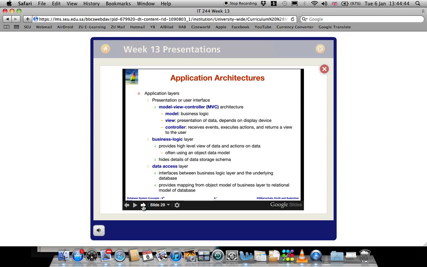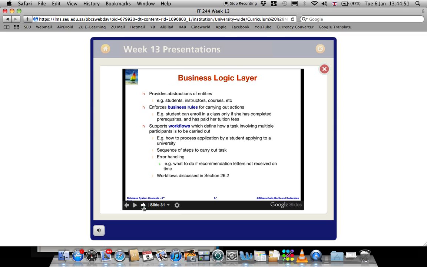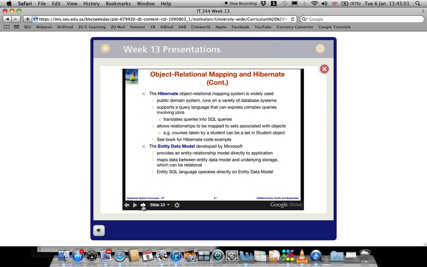Okay, understand the terminologies in here. Application architecture. Understand the terminologies. Don't worry about the figure. Just, again, a brief understanding of the business logic layer. Don't worry about this. What is a hypernet?